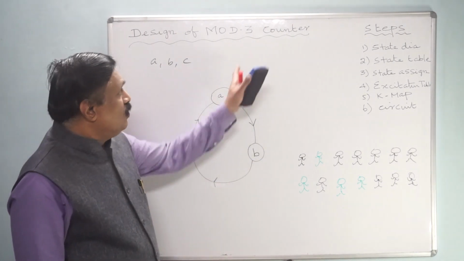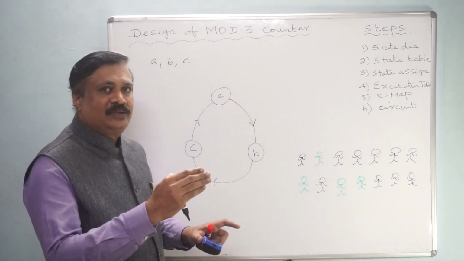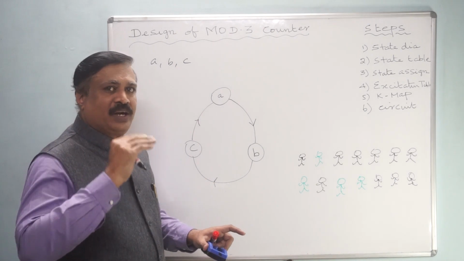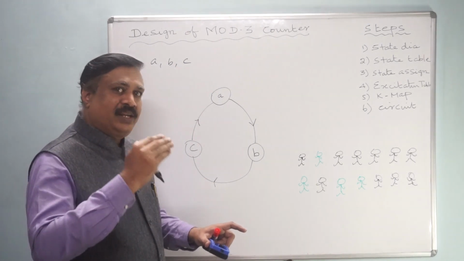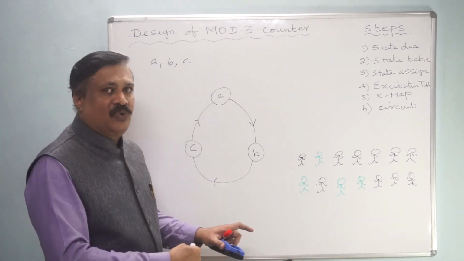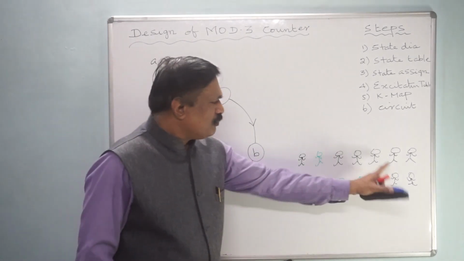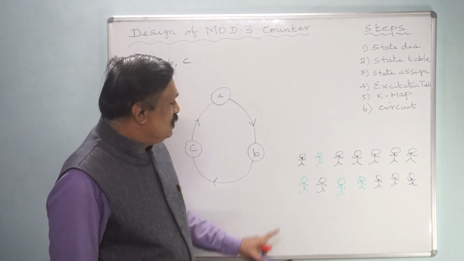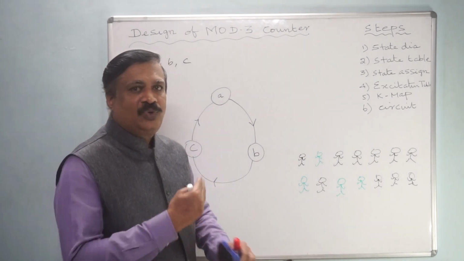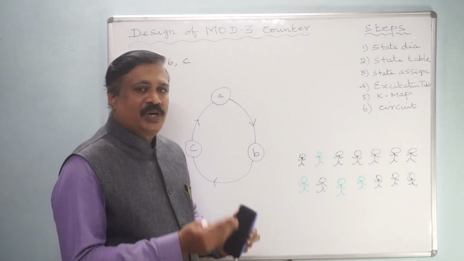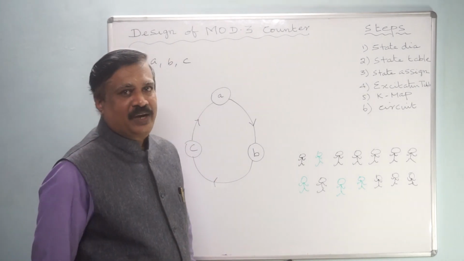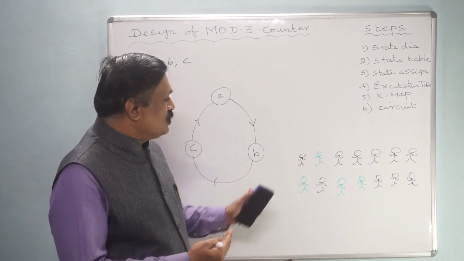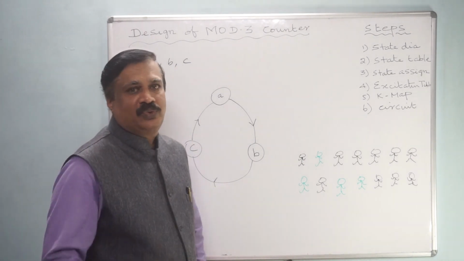A counter can be an up counter or a down counter, 1, 2, 3, 4, 5 up to 10, or 10, 9, 8 downward also. Here I want to explain the mod 3 counter with a little diagram. Some students are there, and I want to form groups of 3 students each. To make the groups, I ask the students to say 1, 2, 3, 1, 2, 3.